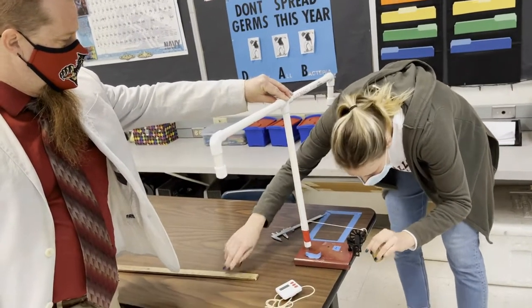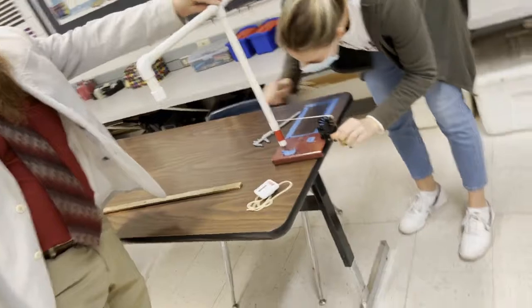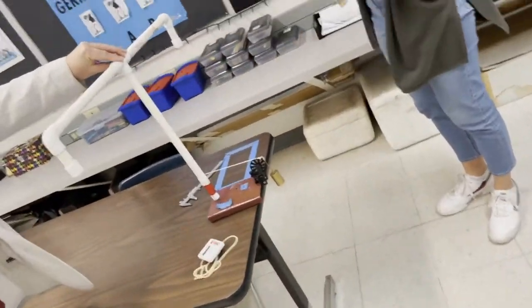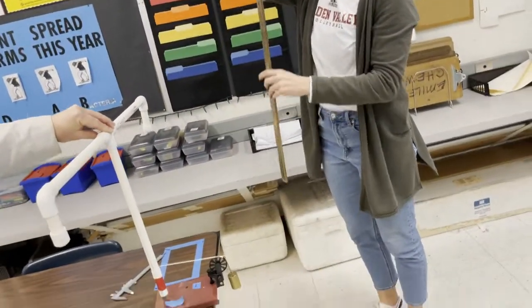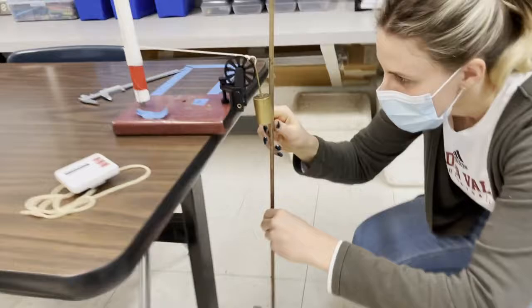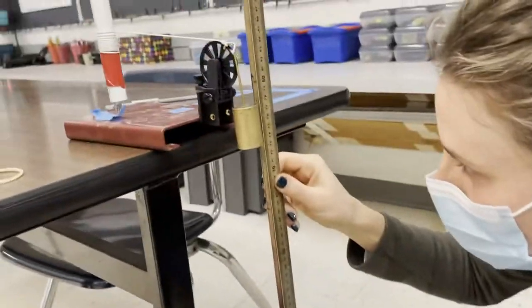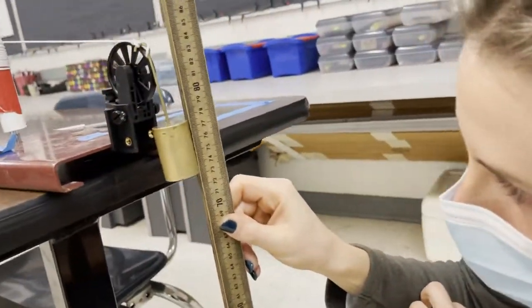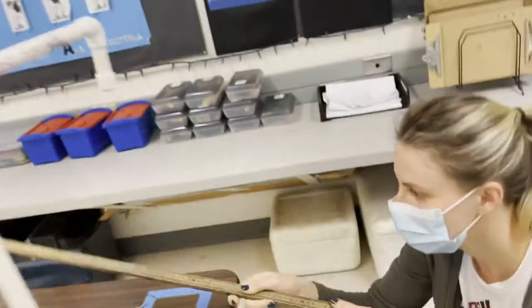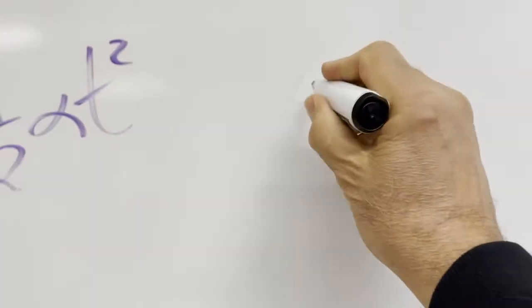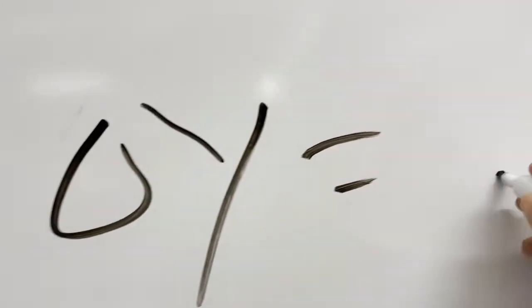Now measure the distance from the floor to the bottom of the string. Okay, I'm gonna call that 0.73 meters. So the height, I want to write this on the board. This is delta y, 0.73 meters.